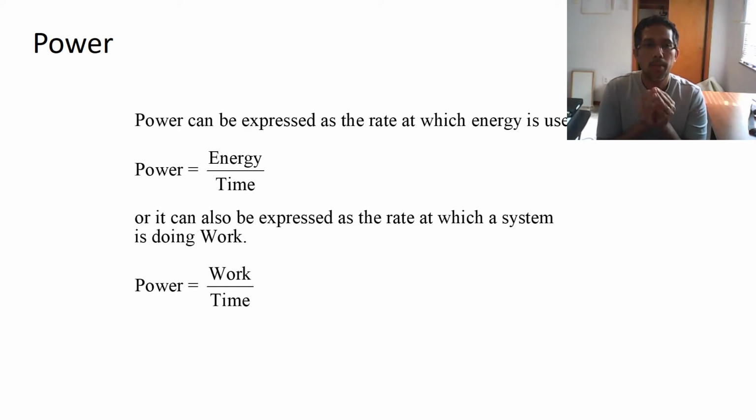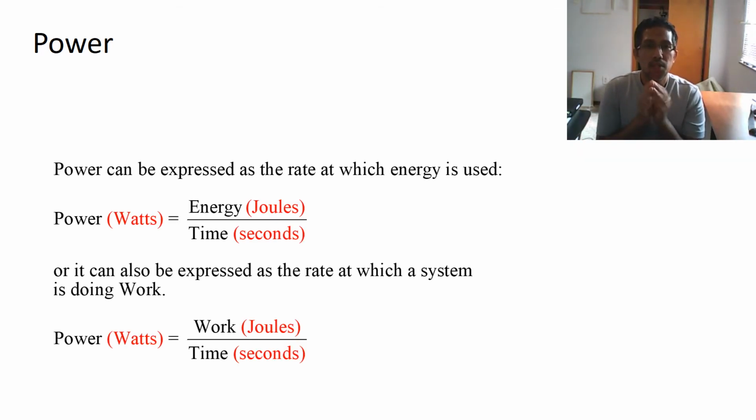The term power is used to express the rate at which energy is used. So power is defined as the ratio of energy divided by the time. Or in other words, it can also be expressed as the rate at which a system is doing work. So power can also be expressed as work divided by time taken to do that much work.